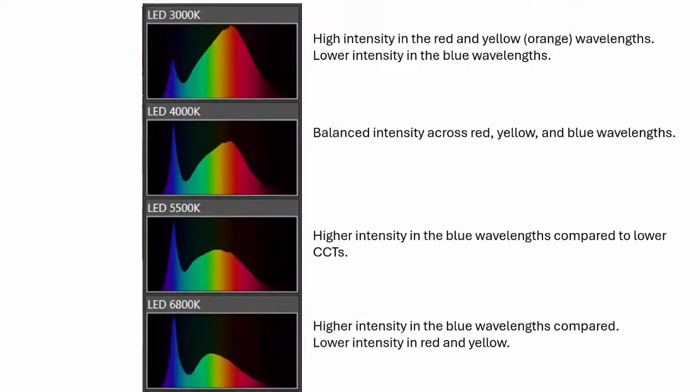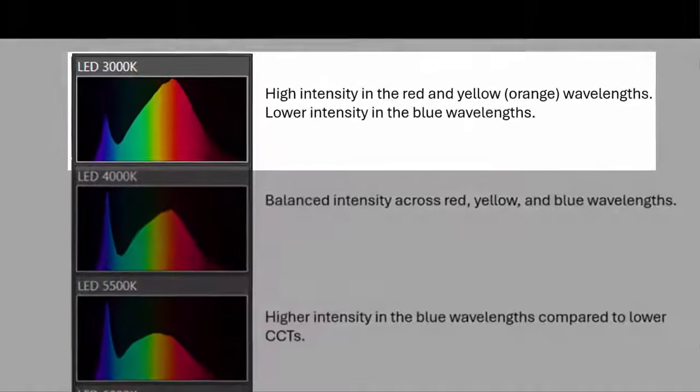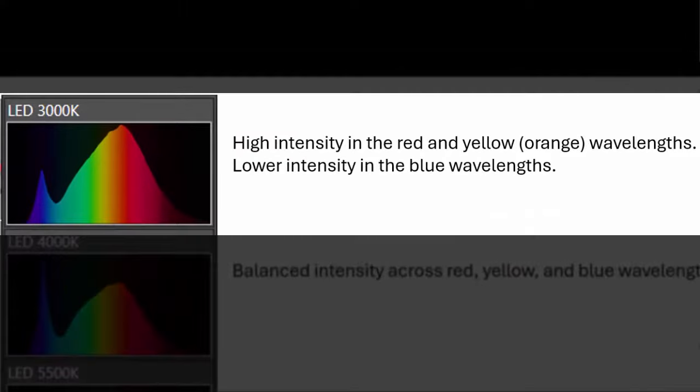So I have taken a snapshot of SPD graphs of different colors of light: 3000, 4000, 5500 and 6800 Kelvin. Now if you see this SPD graph, you can see that the highest intensities here are for the red and yellow wavelengths.